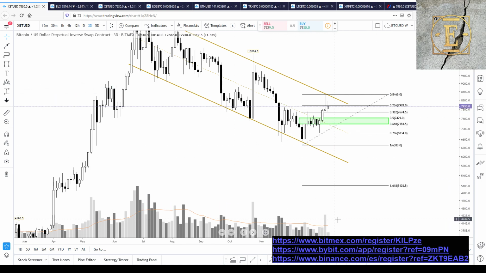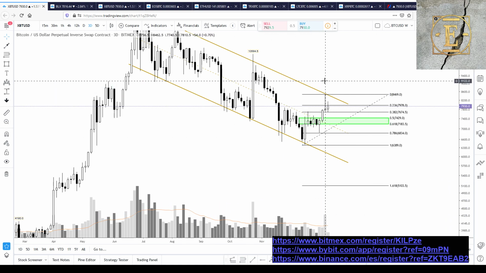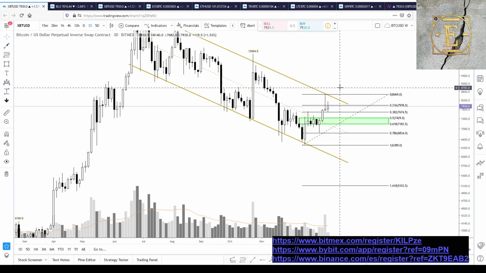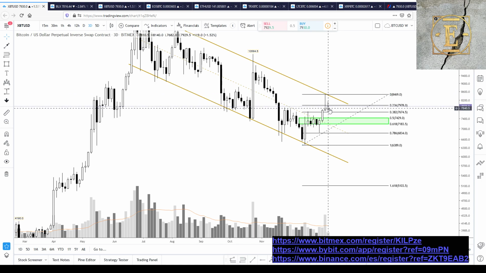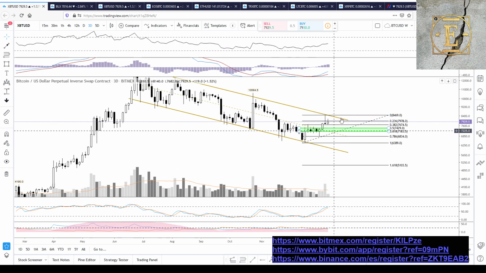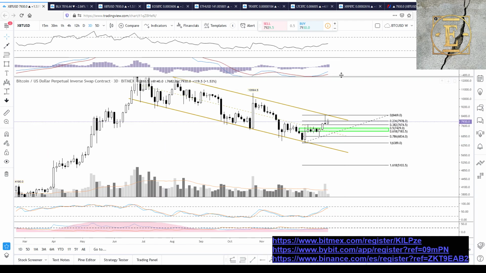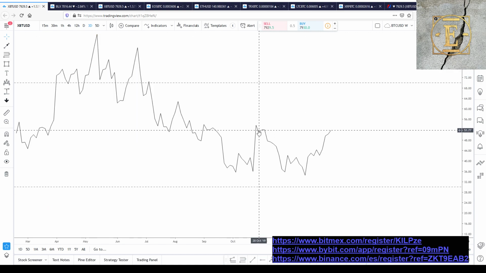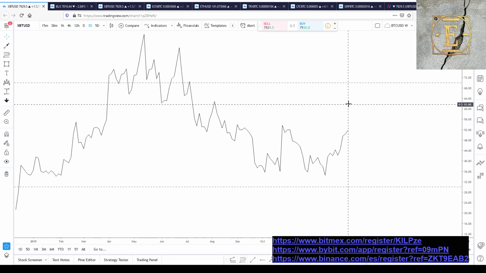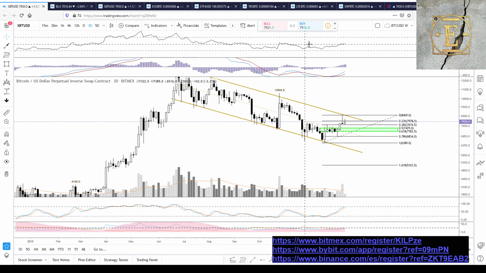Okay, very big volume, big rejection. It's not going to go up now. It's going to rest over here, even testing the lower supports. Okay, MACD is on the bear side, but it's growing, and with this volume probably this is going to slow down, and the RSI is getting to the resistance level, so careful, and it can even draw some kind of bearish divergence.